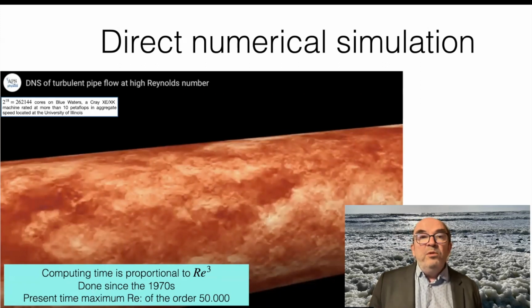With the increase of computer power, we can have very nice pictures like the work which is shown here. DNS, direct numerical simulation, has been done in turbulence since the 1970s, so 50 years ago. The present maximum is of the order of a Reynolds number of 50,000.